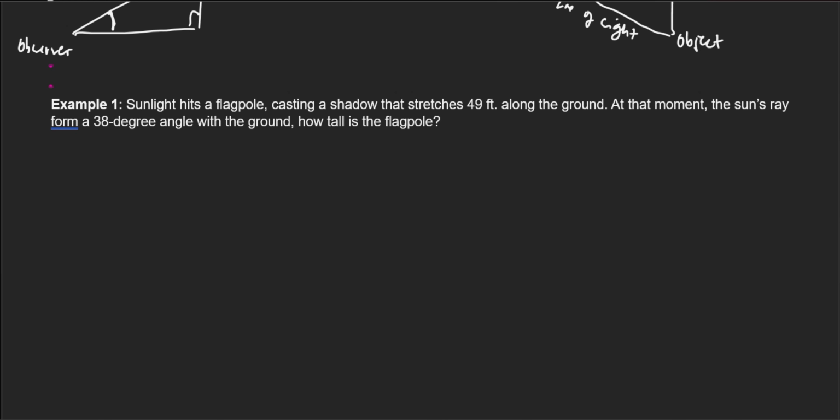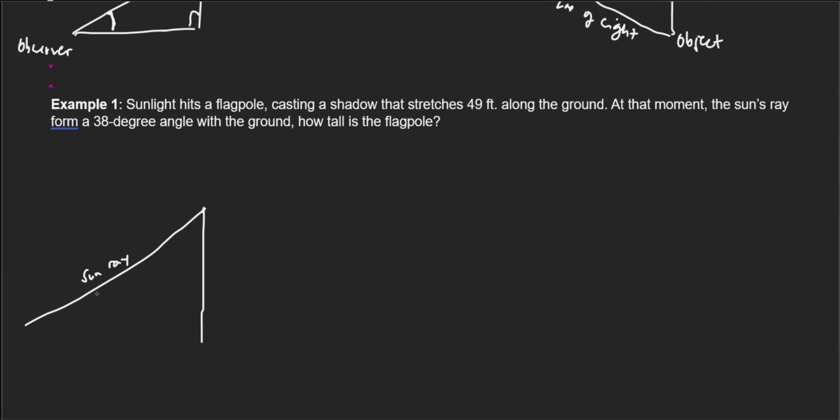Now, in this problem, if you are going to illustrate this, we have this flagpole. When the sun hits the flagpole, it creates a sun ray, which is this part.